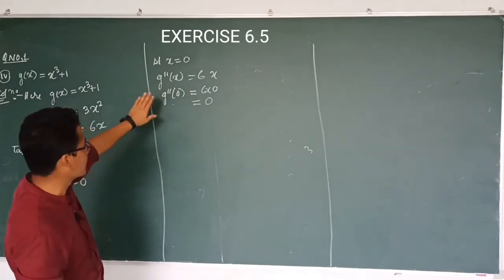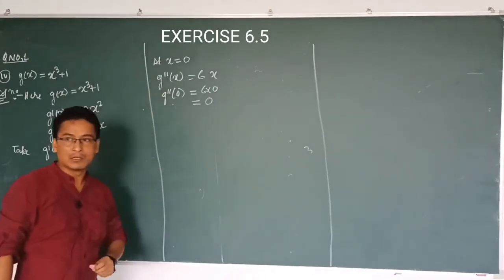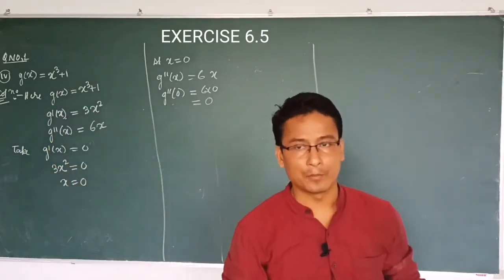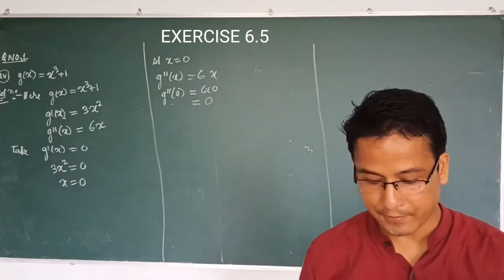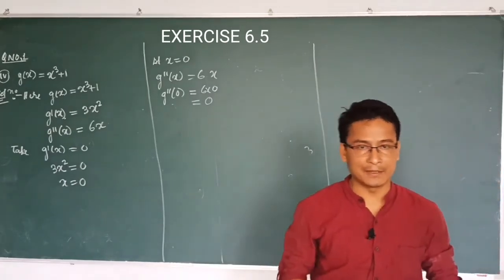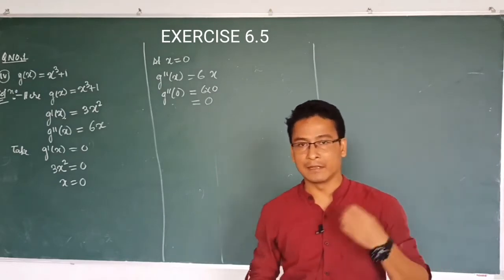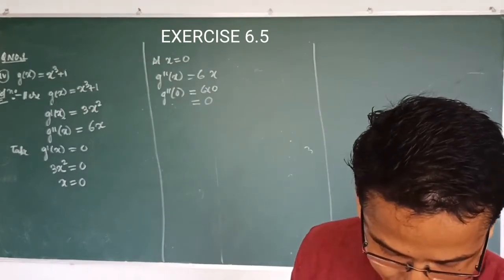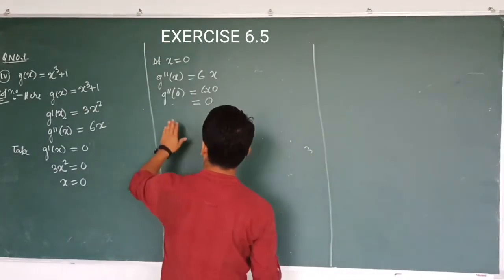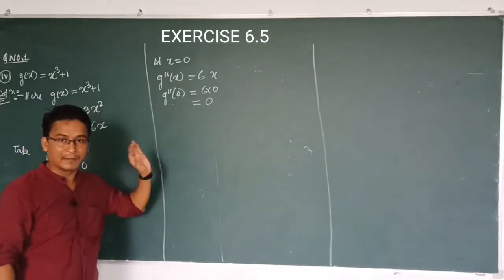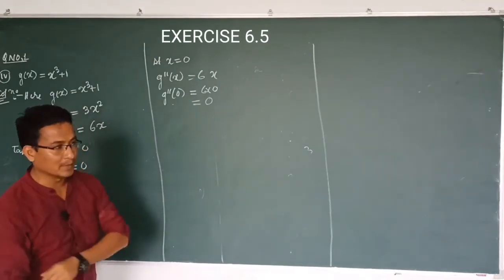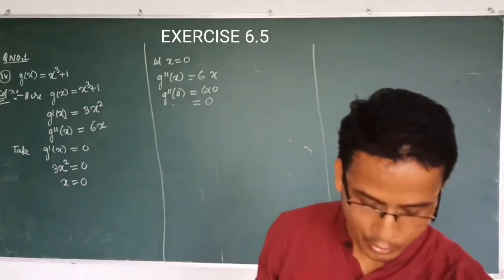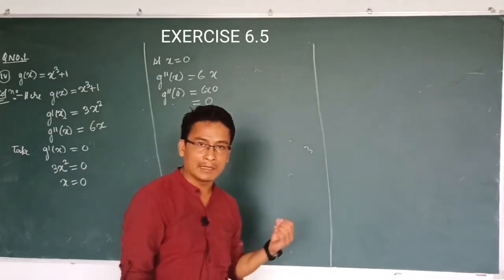The first derivative test says that if the function travels from negative to positive, then we say minima; positive to negative, then maxima. Here we are not going for it, we directly write this as neither maxima nor minima. So if neither maxima nor minima, then we say point of inflection.